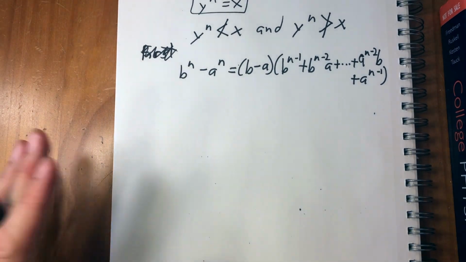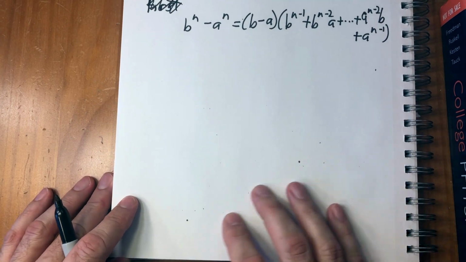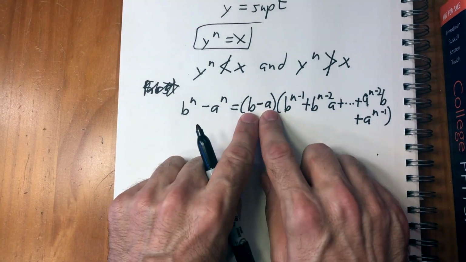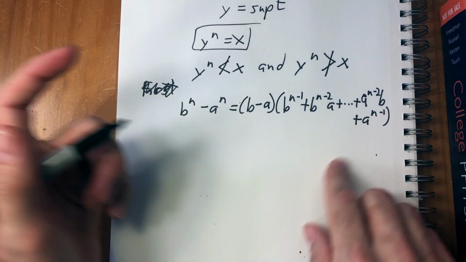Just to make sure we believe that, let's go ahead and do this because the whole proof is based on this fact. So let's just multiply this out and see what we end up with. So first we multiply b times all of this, then we multiply a times all of this.